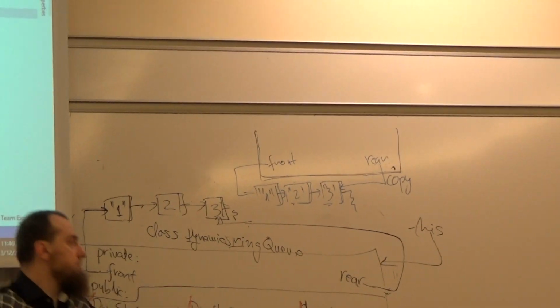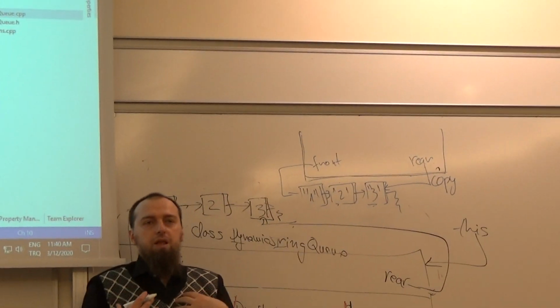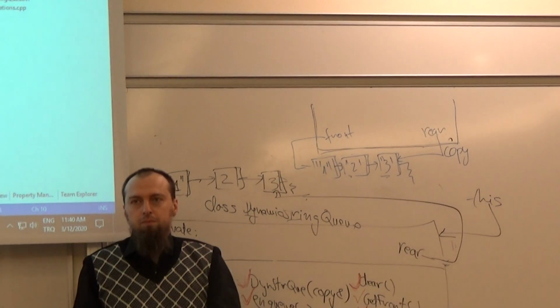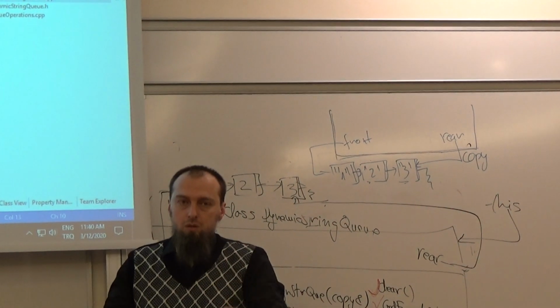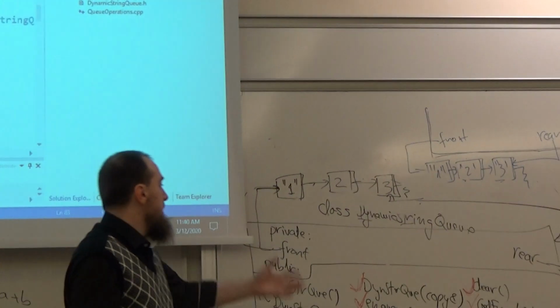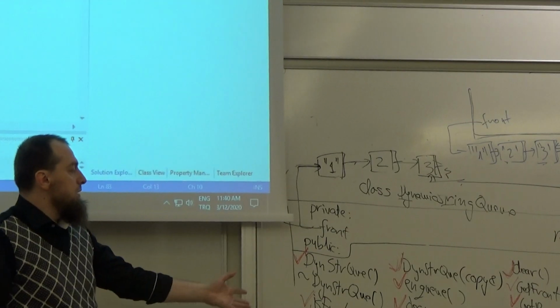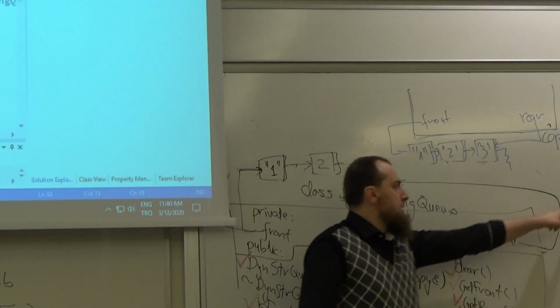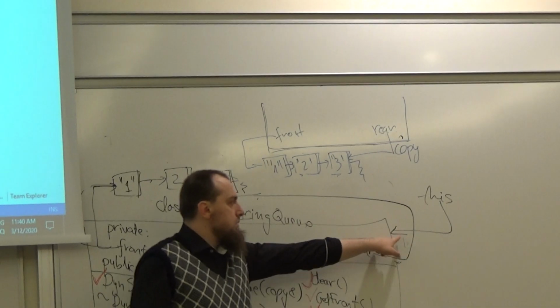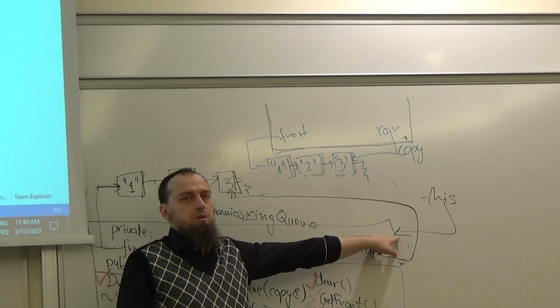And the name of that pointer is this. Basically, if I'm the class, it's pointing to me. Okay? Always, when you define a new class, member functions, etc., the object is pointed to by a pointer which is called this.